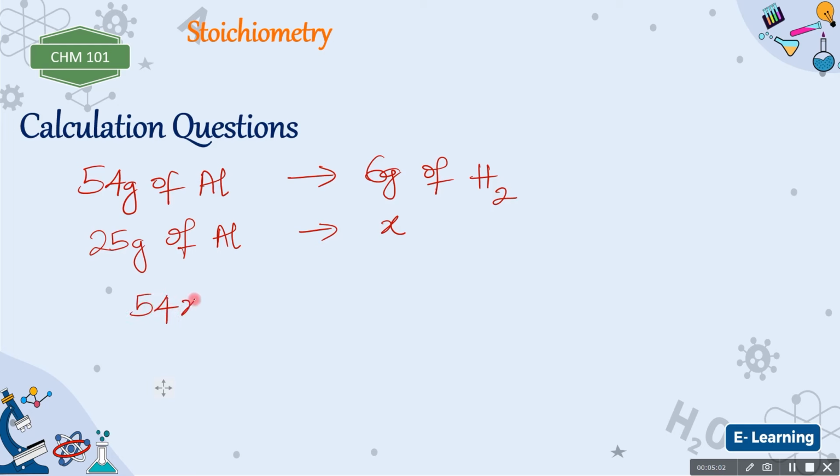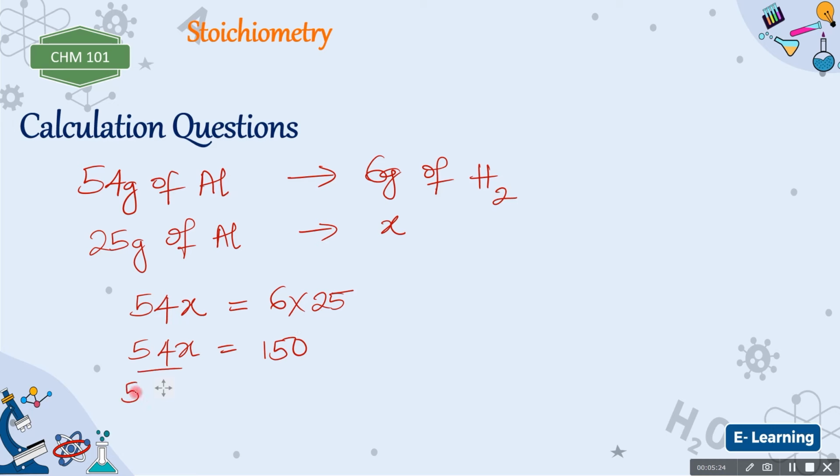It's going to give us 54X will be 6 times 25. 6 times 25 gives us 150. So 150 divided by 54.